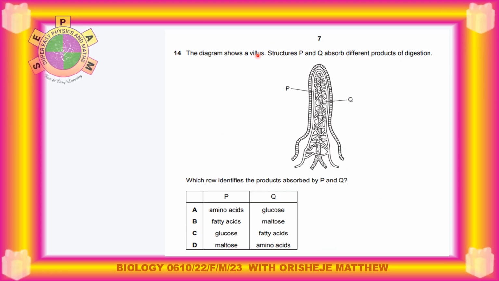This diagram shows assimilation of food in the small intestine. The diagram shows a villus. Structures P and Q absorb different products of digestion. Which row identifies the product absorbed? Let's identify parts P and Q. Q is the lacteal, which absorbs fatty acids and empties them into the lymphatic system, which contains the lipids, and then eventually into the bloodstream.